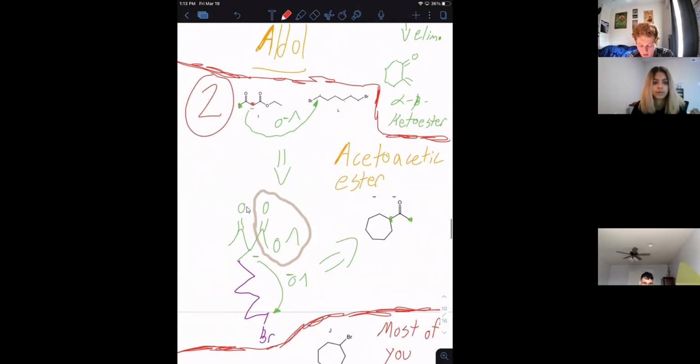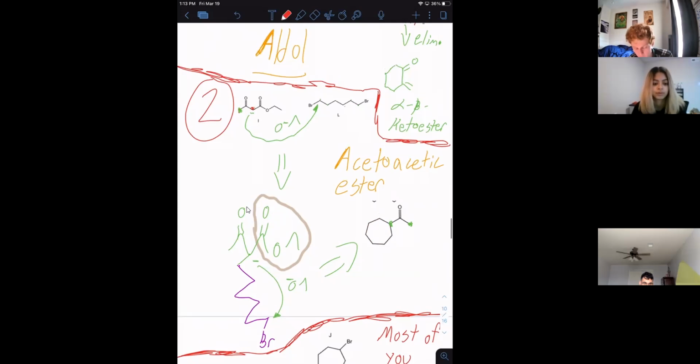Whoever's leaving. Acetoacetic ester. So this one is just a matter of recognizing that, okay, give me a minute to think about how to talk about this. You're going to need to form this ring right here from two different points.